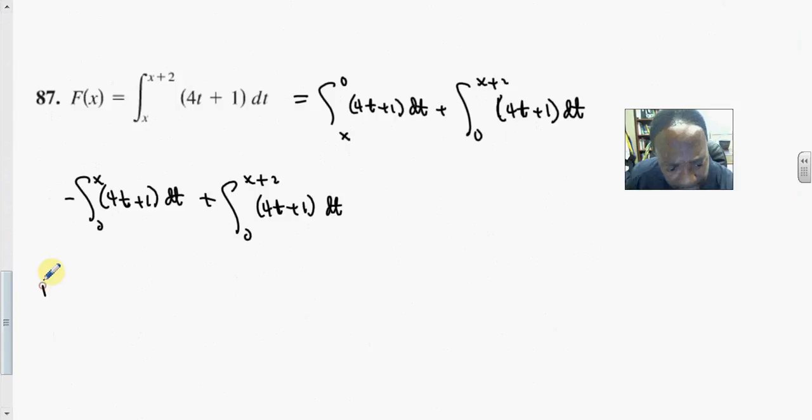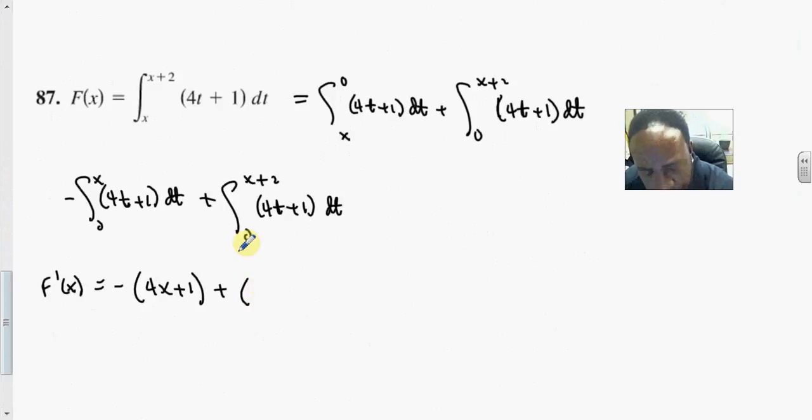Okay, so if that be the case, then F prime of x is equal to, here's this negative, it's not absolute value, it's negative. This is 4, the t is evaluated at x, so this becomes 4x plus 1. That's the first one. Then plus, I better use a bracket there. This is a bracket 4, and this t becomes the x plus 2, or the evaluation there, according to the second fundamental theorem.